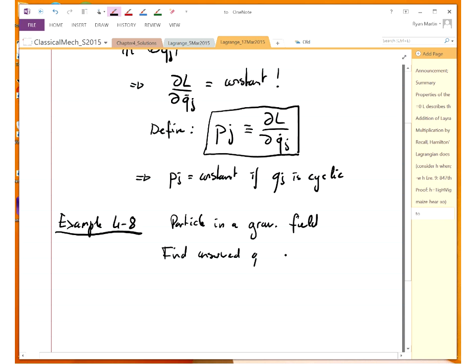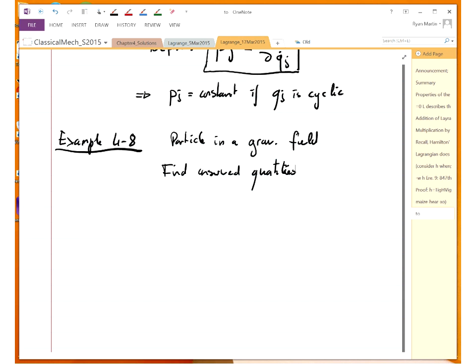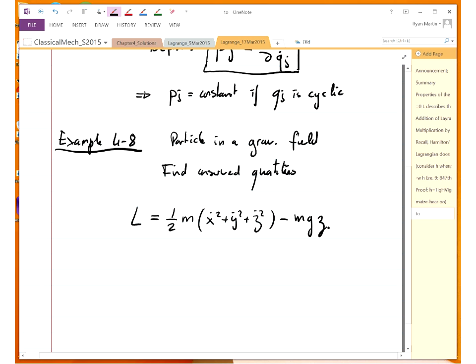Find conserved quantities. When I say conserved, I mean constant. Things that are constant. So what are constant in the motion of a particle in a gravitational field? So we start by writing the Lagrangian out for the system. So the Lagrangian is a half m times x dot squared plus y dot squared plus z dot squared, minus mgz.